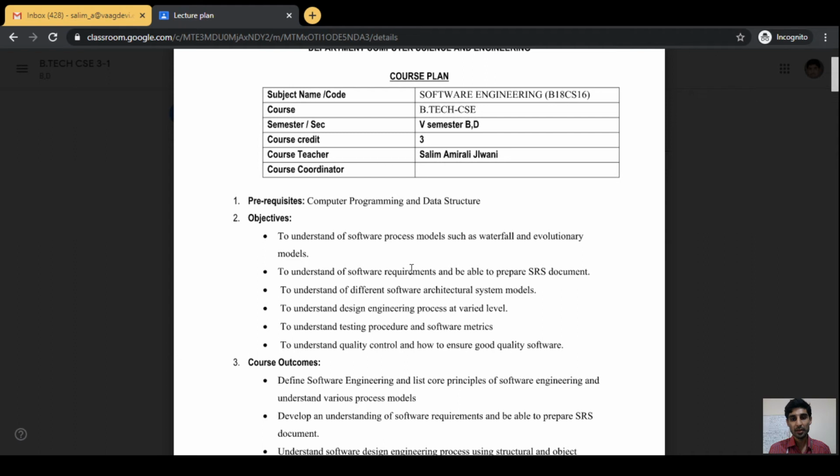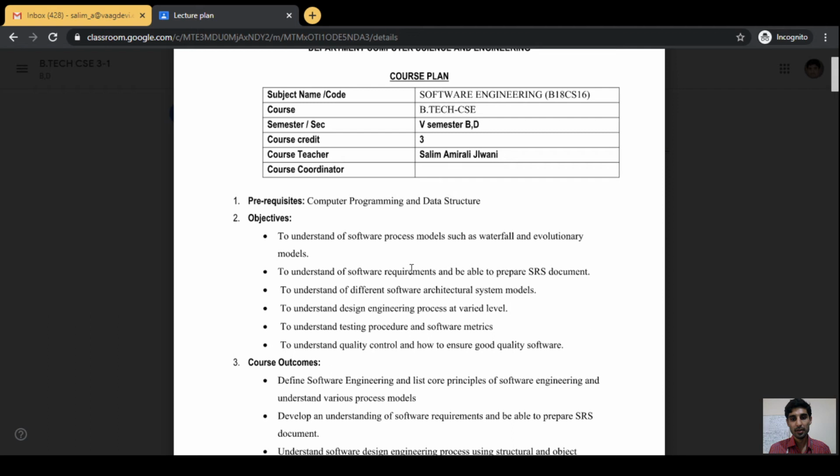When they are going to develop software systems, there will be different architectural styles and designs that they will be using in order to model their product or service that they wish to render. Once the products are developed, there need to be tests and quality metrics. So this will be taught.